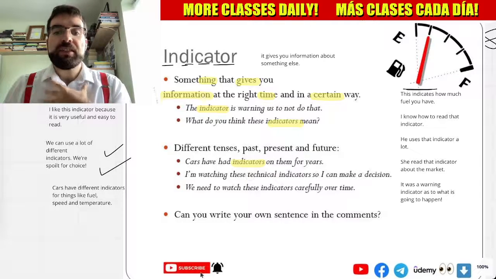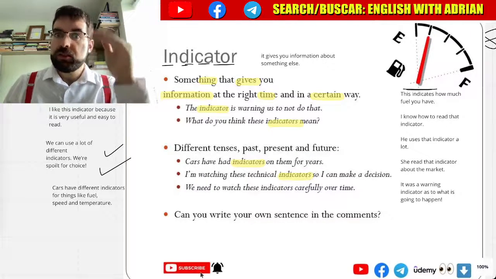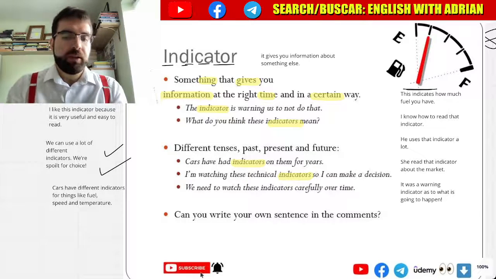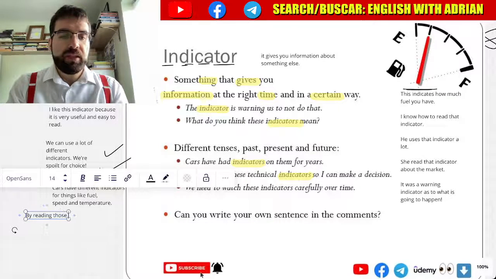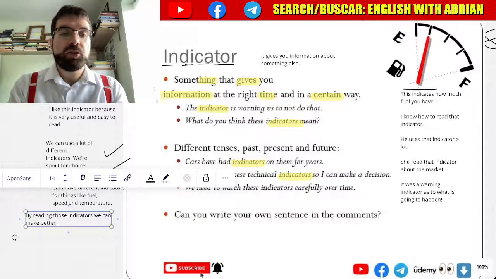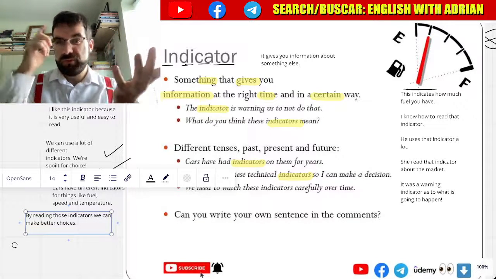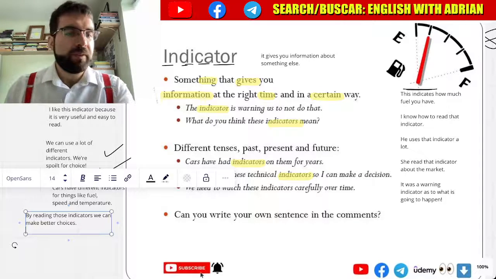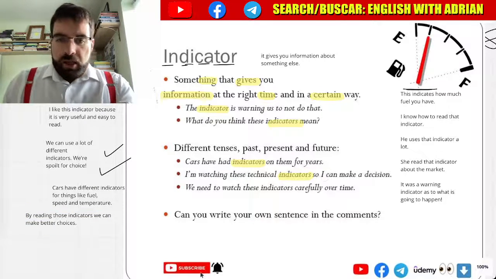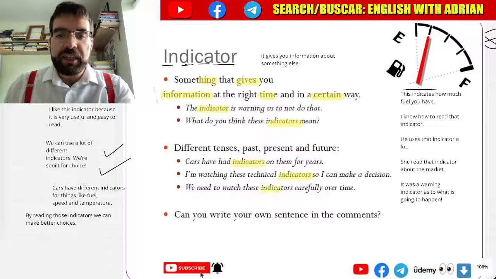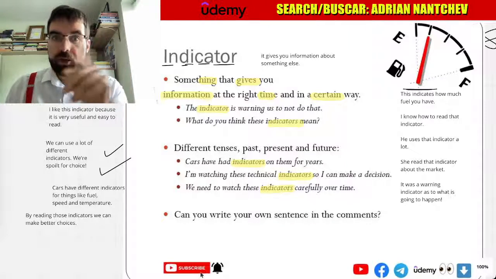I'm watching these technical indicators so I can make my decision. By reading those indicators, we can make better choices. How cool is that? We need to watch these indicators carefully over time.